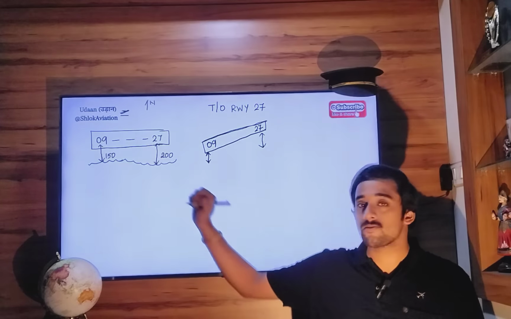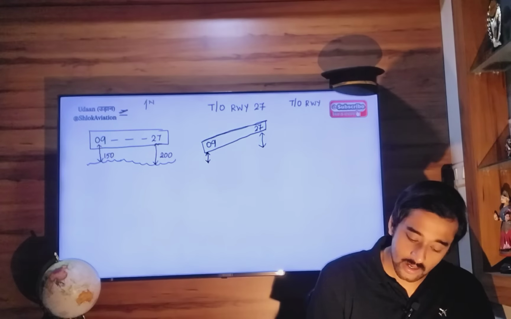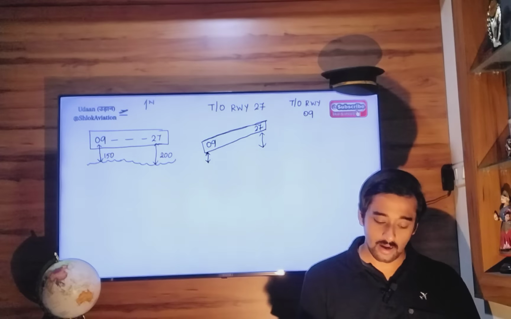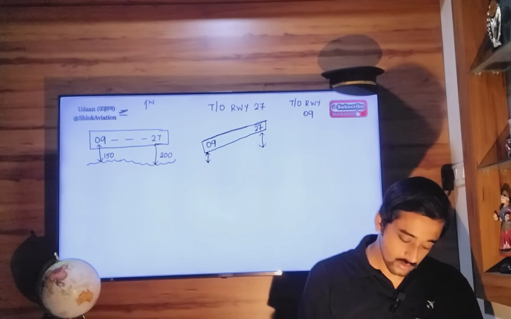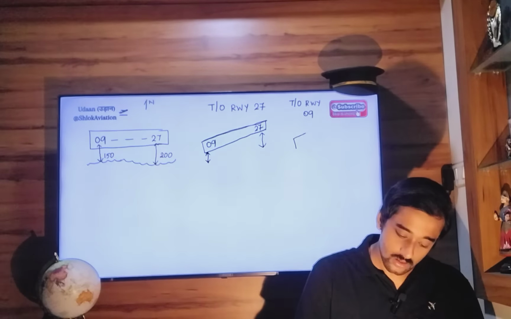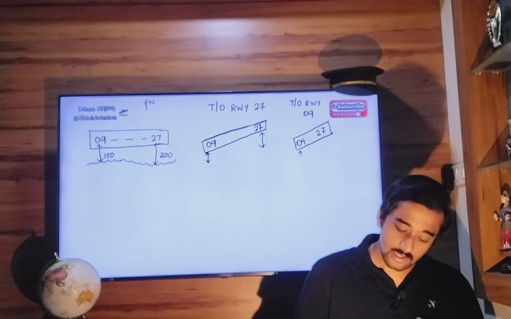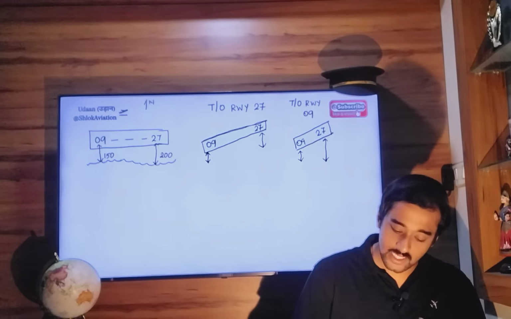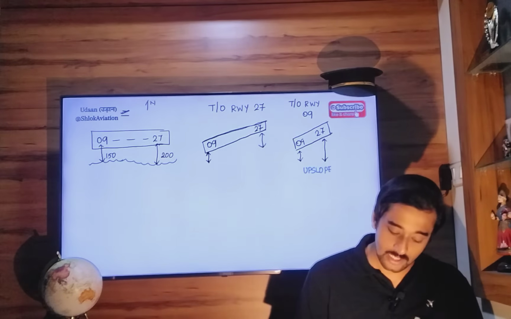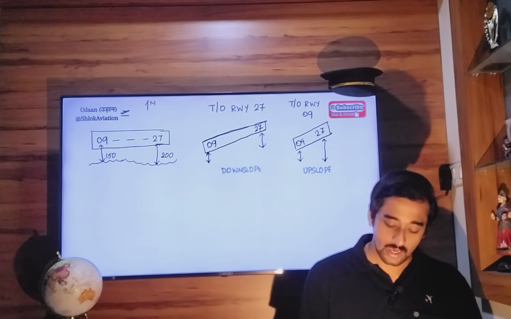If you are taking off from runway 09, what will happen? You will experience an upslope. So from runway 09 upslope, if you are taking off from runway 27, you will experience a downslope. Okay. Next.